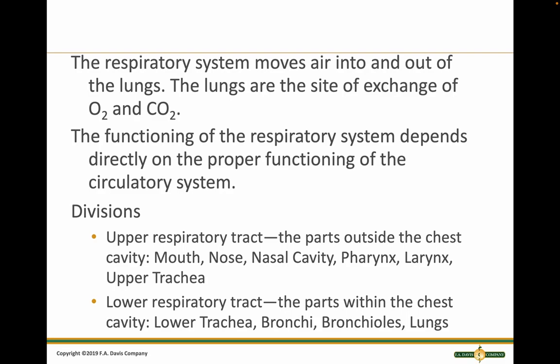So we're talking about the trachea and the bronchi and bronchioles, and one analogy is that of a tree. So thinking about a tree that's upside down and branching, getting smaller and smaller. The tube's getting smaller and smaller.